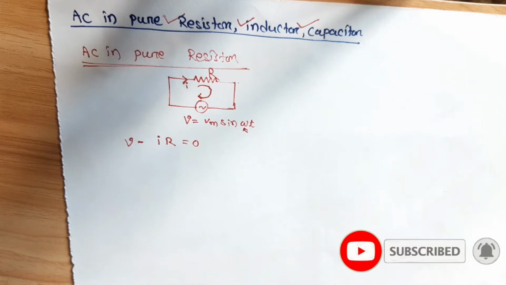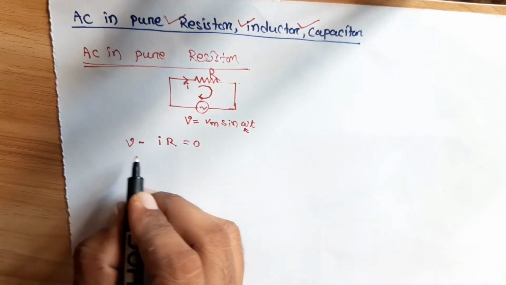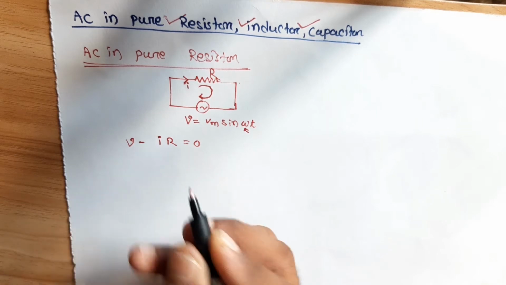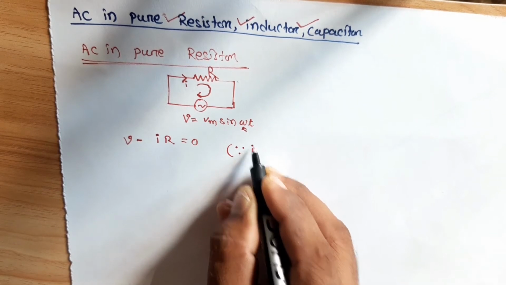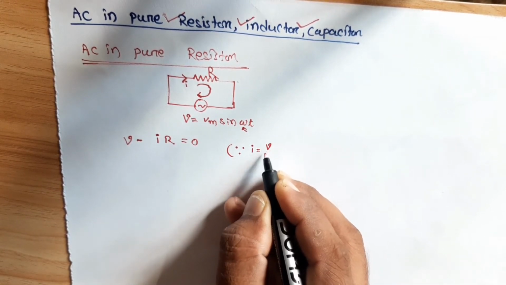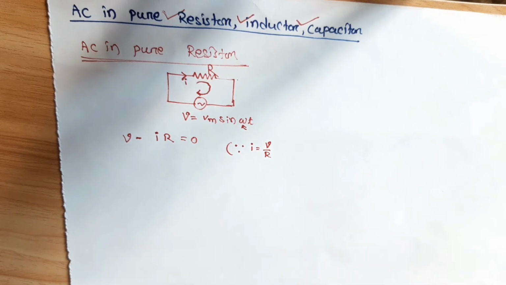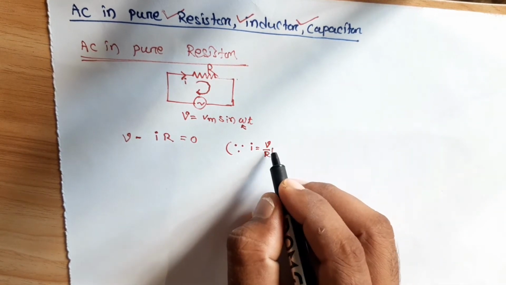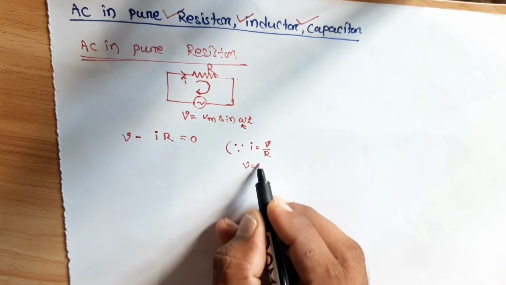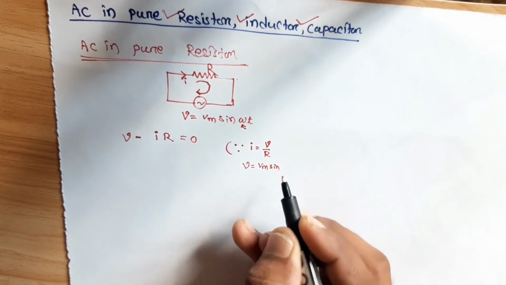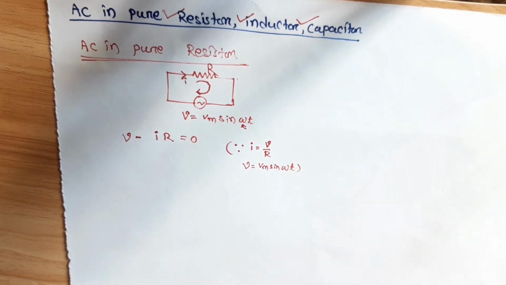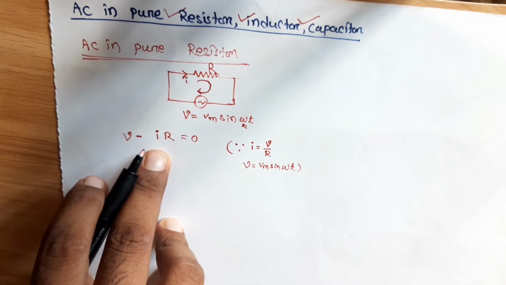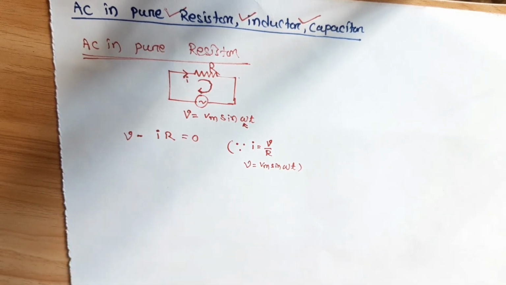Then we know that I equals V by R. Next, this V equals Vm sin omega t. So we know I equals V by R.